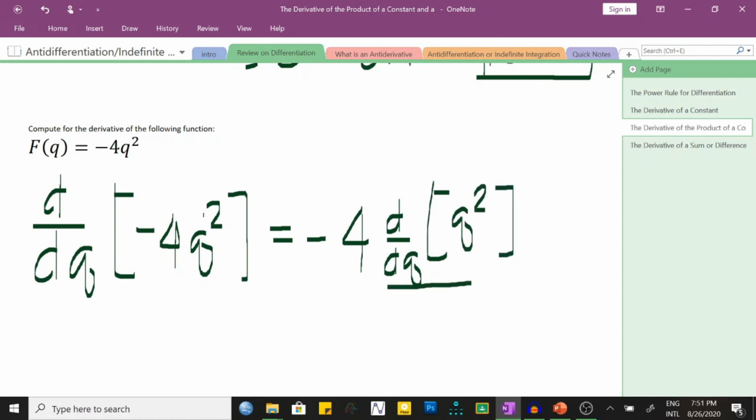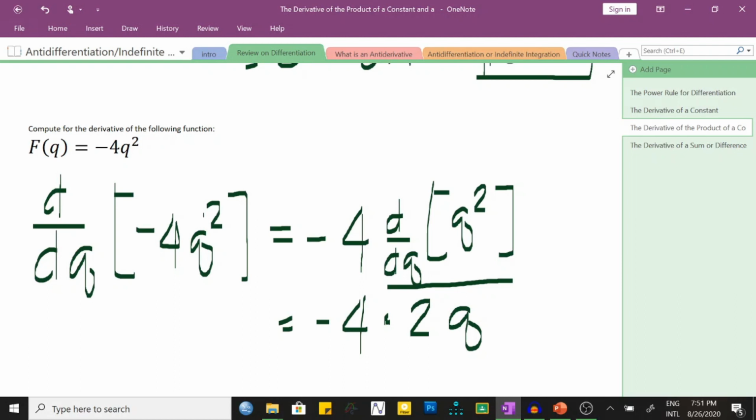For the derivative of q squared, we can apply the first rule, that's the power rule. So what is the power rule? We bring down the exponent, that is 2, and then subtract 1 from the exponent. So 2 minus 1 is 1.